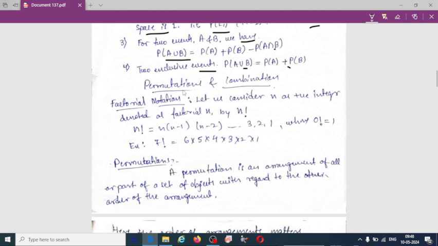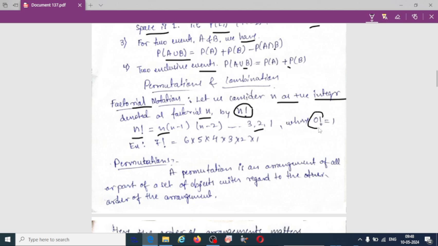Next we can go to permutation and combination. Before that, you must know the factorial notation. Let us consider n as a positive integer, denoted as n factorial. This is the symbol to write the factorial. If we take n as a positive integer, we can write the formula as n into n minus 1, n minus 2, up to 3, 2, 1.